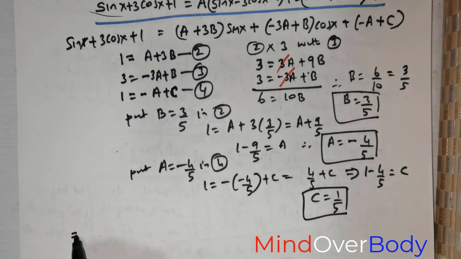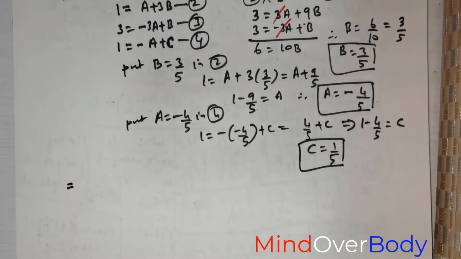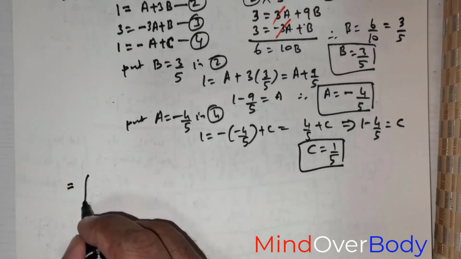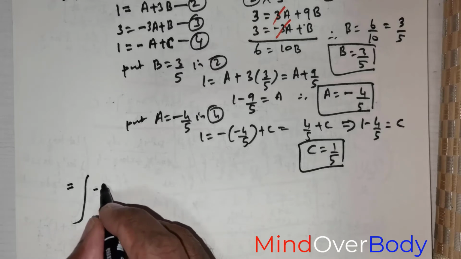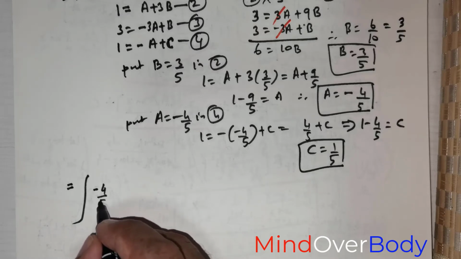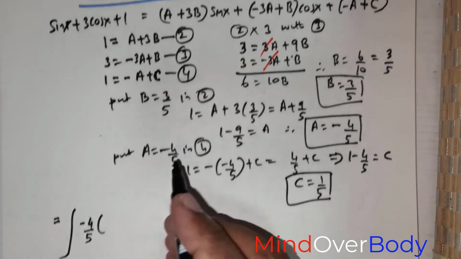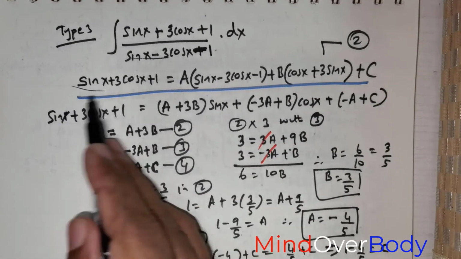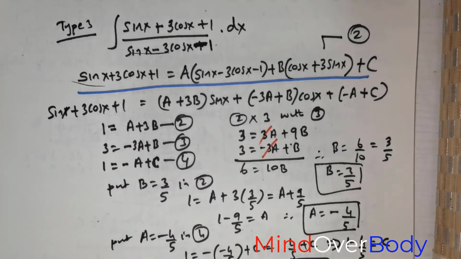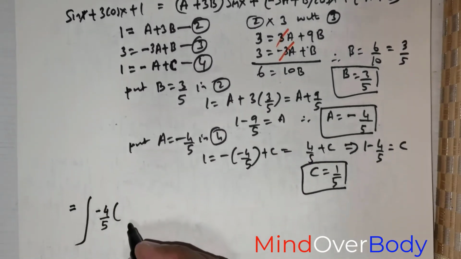So now the integral is rewritten as integral. In place of a, it's going to be negative 4 over 5 times, I'm actually substituting the values for a, b and c, and the numerator would be represented in this fashion.